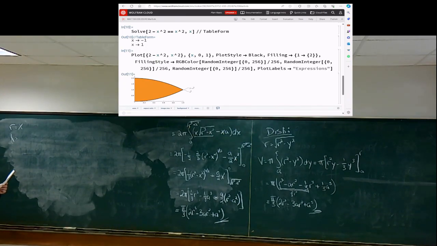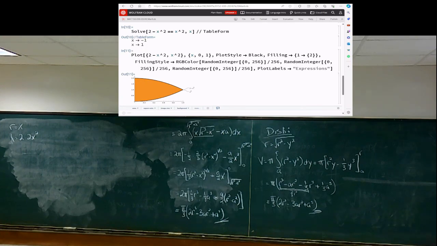Upper function minus lower function, which would give you what? The height. So what is it? When you take the upper minus the lower, what do you get? 2 minus 2x squared. It's 2 minus x squared minus x squared.